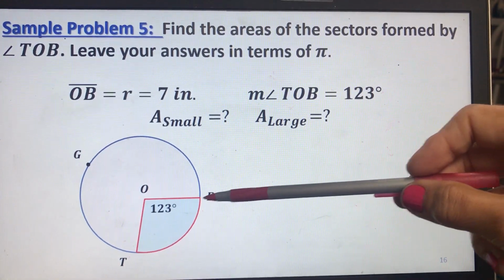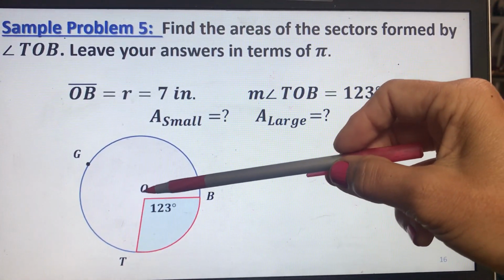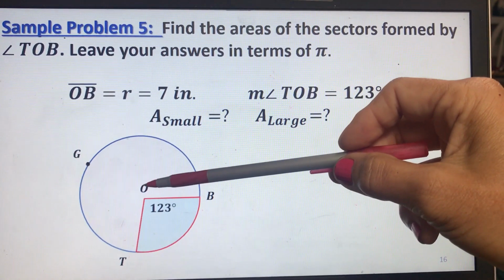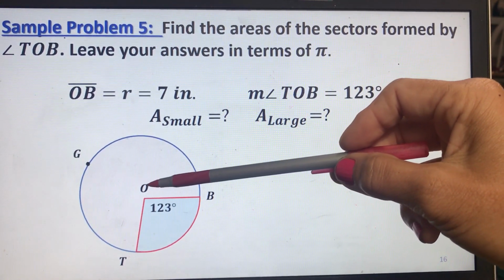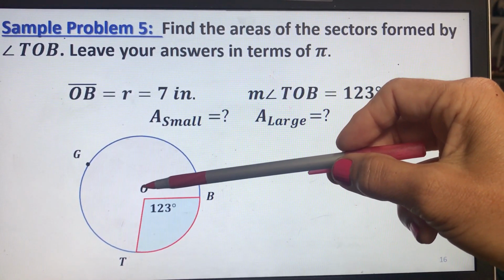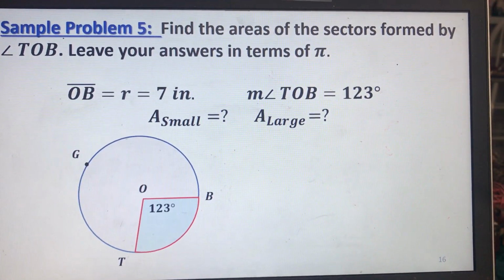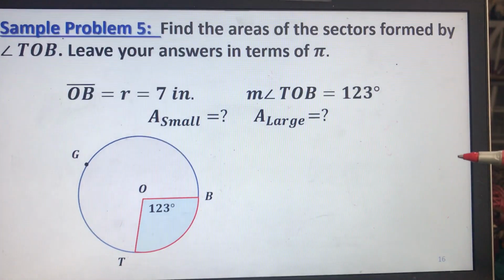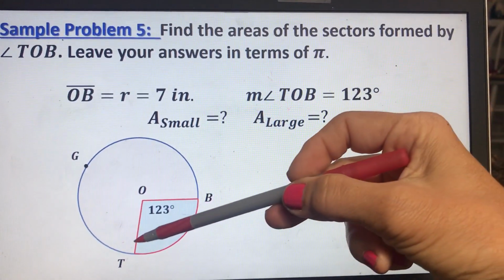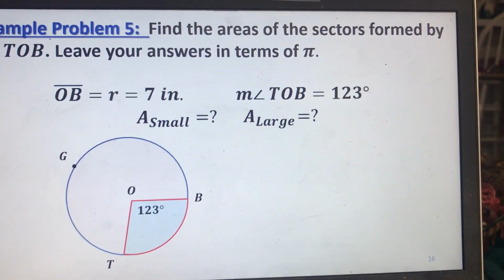Notice that the vertex of this angle is going to be what? Is going to be O. And point O also represents the center of the circle. By definition, recall when we began studying the circles, angle TOB is defined as what?